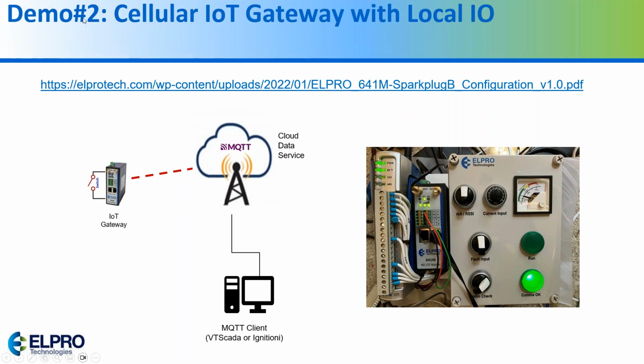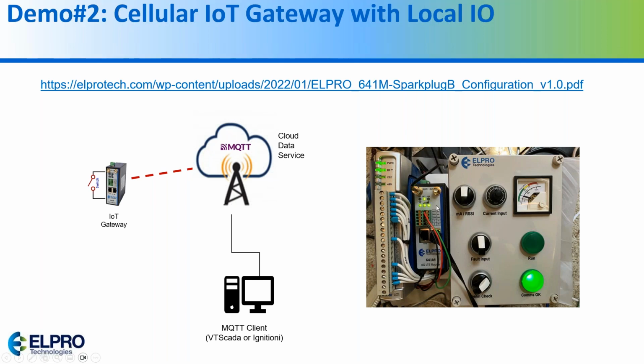For demo 2, to refresh, I have a switch that is wired up to the IO in the front. I configured that based off of this manual, and here's the actual unit. I just took a picture of this about 30 minutes ago. I'm connected via a cellular connection, a static IP SIM card.